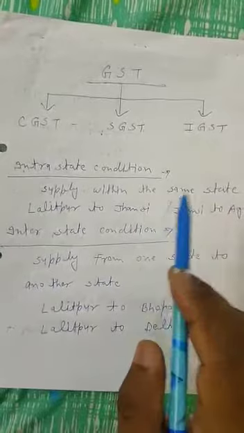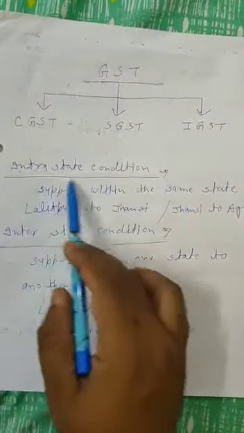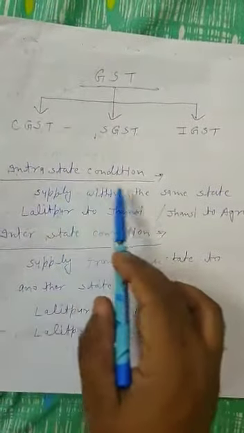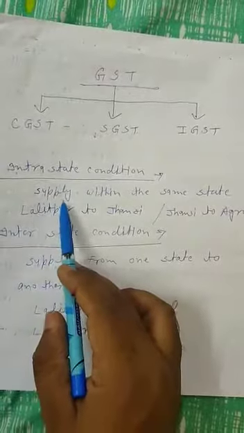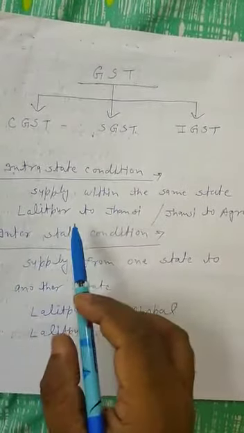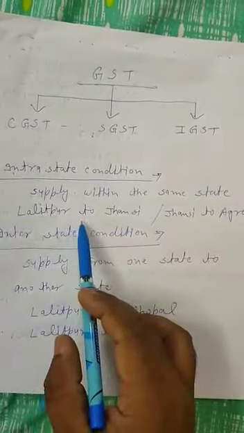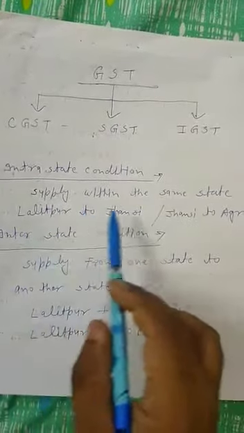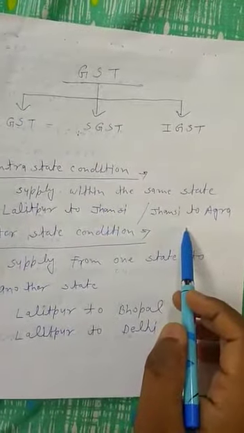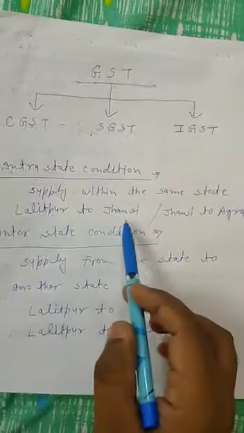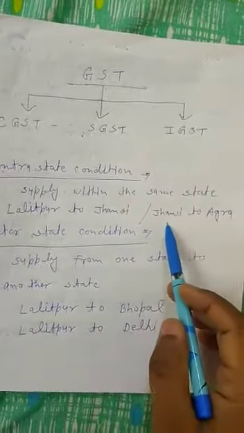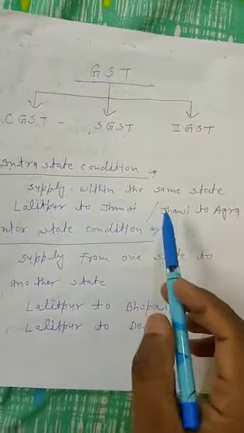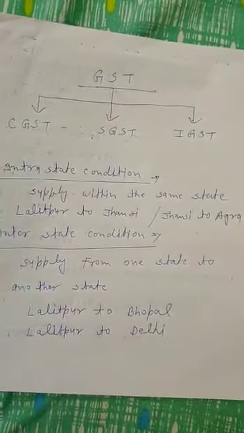There are two more important parts in GST: intra-state condition and interstate condition. In intra-state conditions, the product and services are supplied within the same state. Like when you purchase any material from Lalitpur to Jhansi, or Jhansi to Agra. Lalitpur is in UP, Jhansi is in UP, and Jhansi and Agra both are in UP. It means the product and services are supplied in the same state.